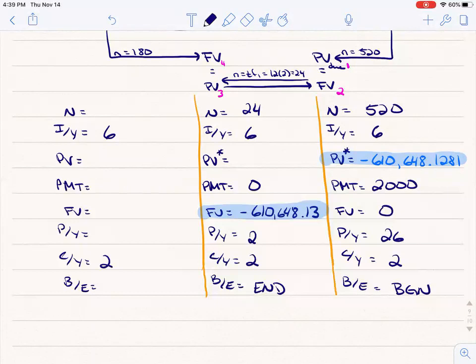Compoundings per year should be 2 already. And compute our present value. The present value I get must be 300,398.4162.